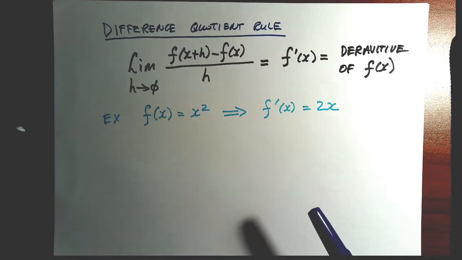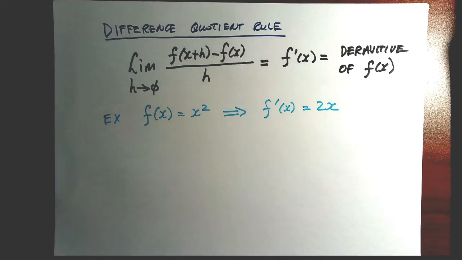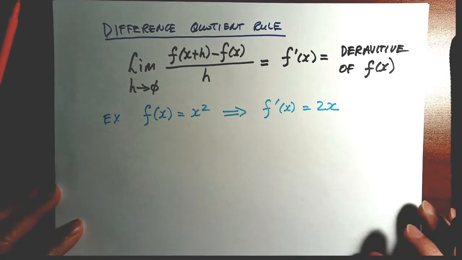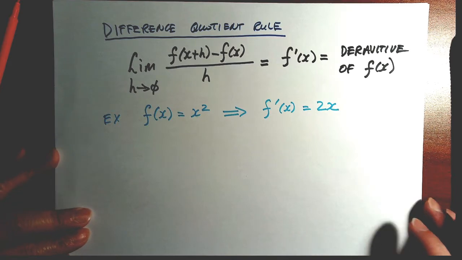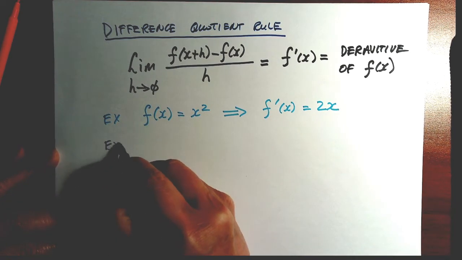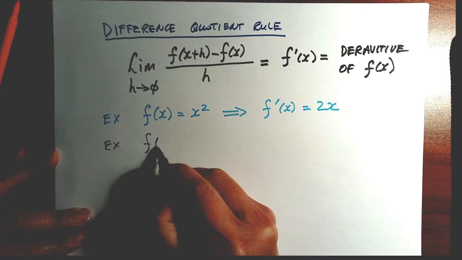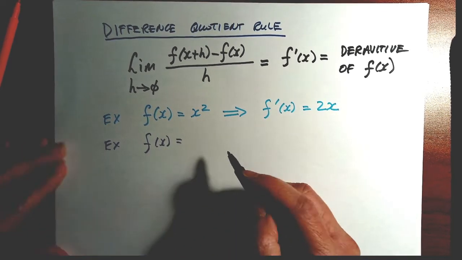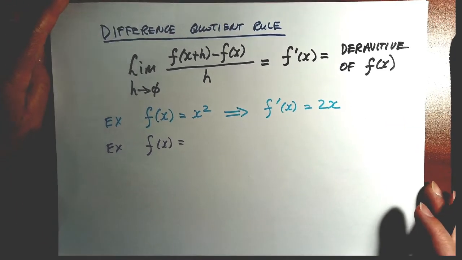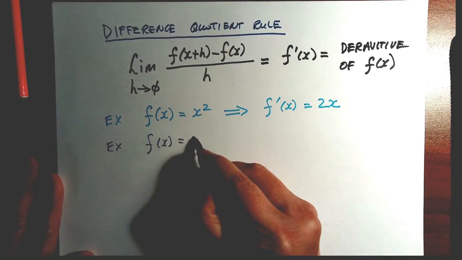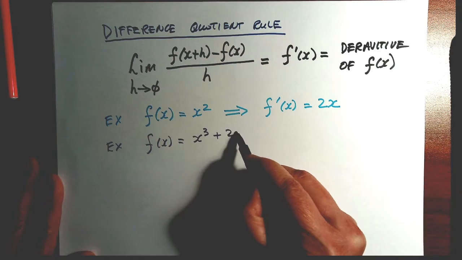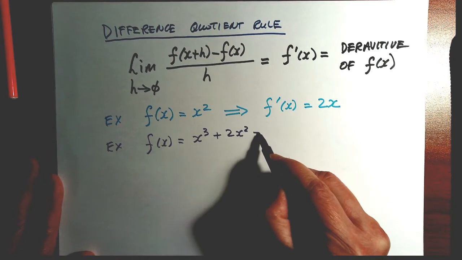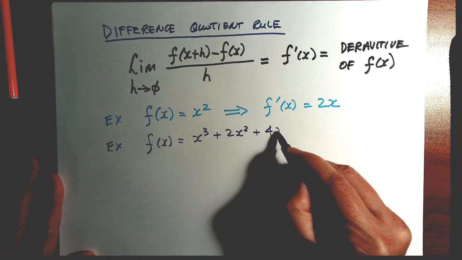Today we will look at a more complicated example, a more realistic and more typical example, which you would encounter in your exams. The example is f of x equals x cubed plus 2x squared plus 4x.